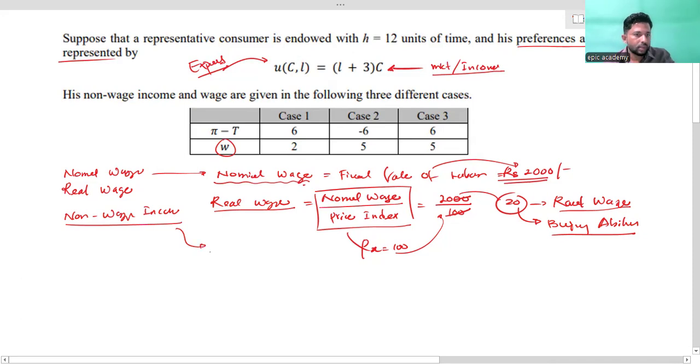At that point, you have to understand non-wage income. For example, the person known as A is doing a job. He earned 35,000 rupees for a month. This income is considered wage income, nominal wage income.